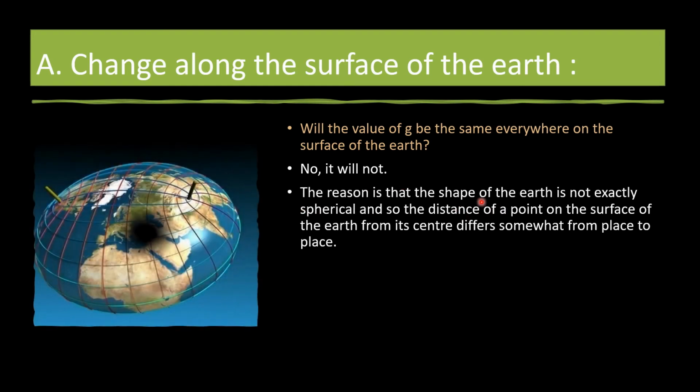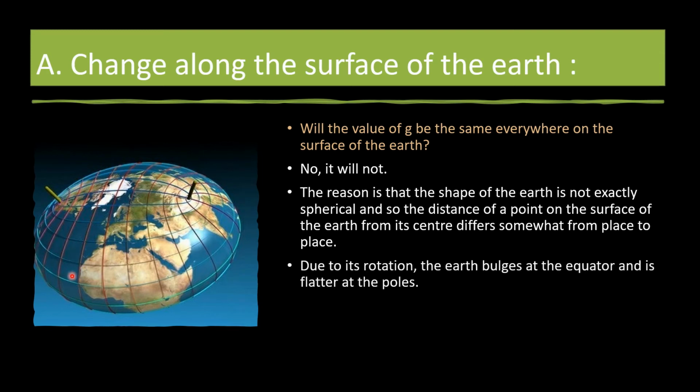If you look at the shape of the earth, it is not exactly spherical. It is somewhat flattened, or you can see it is bulged at the equator and it is flatter at the pole. This is due to the rotation of earth.